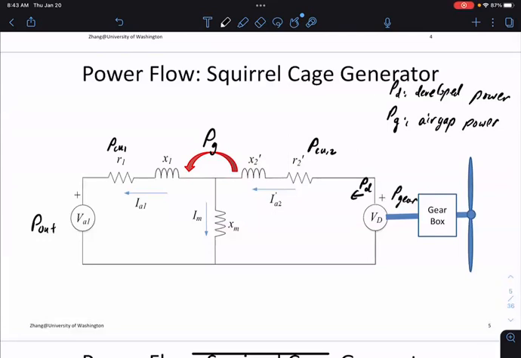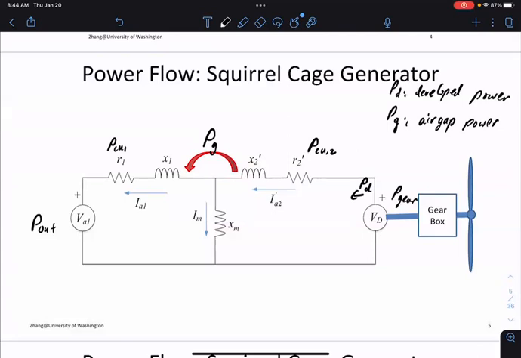No, you would not want to make it small, because this PCU2 depends on R2 prime. The amount of power you actually generate, PD, also depends on R2 prime. So you cannot make R2 prime 0.